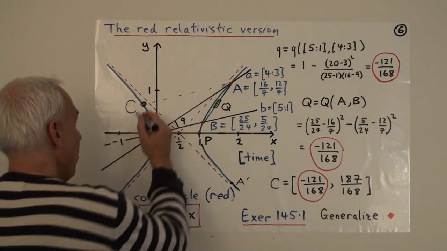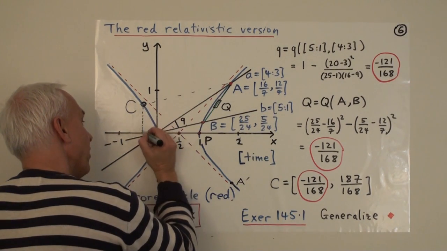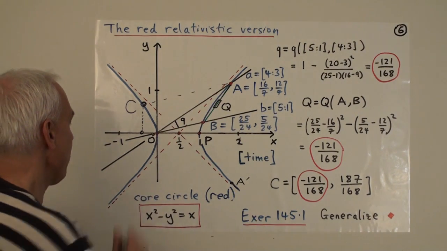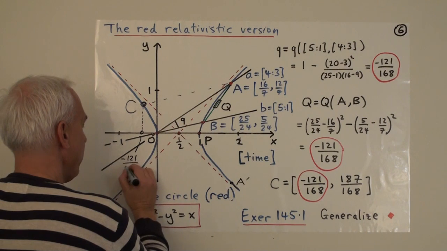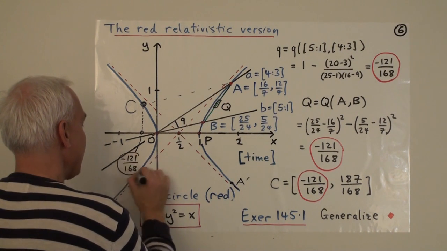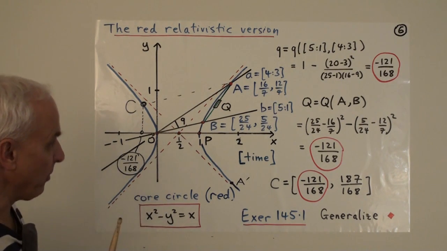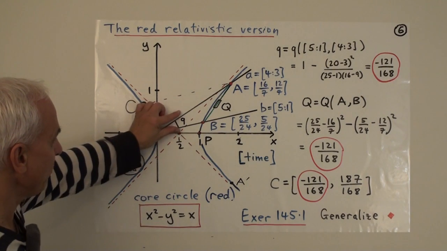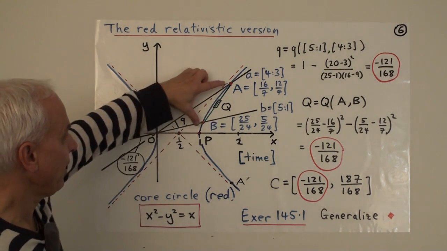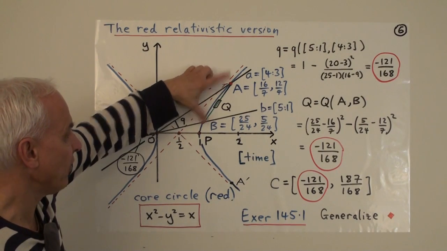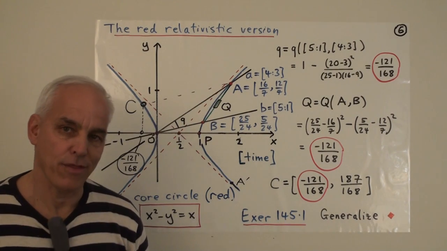And lo and behold, when we project this thing down, the number that we get there is minus 121 over 168. Exactly the number that we're looking for, exactly the projective quadrants between the 2 original lines, or equivalently, the affine quadrants between these corresponding points on the core circle.